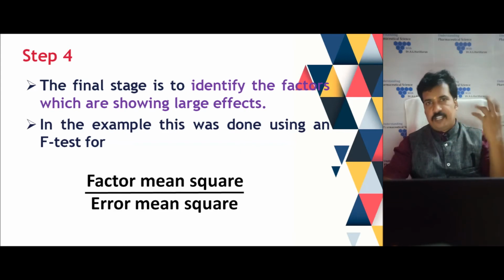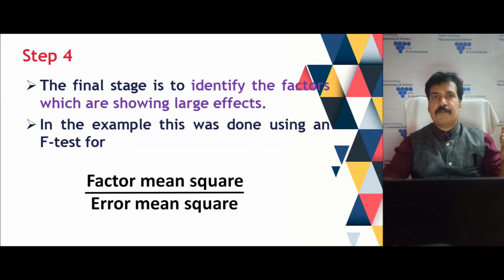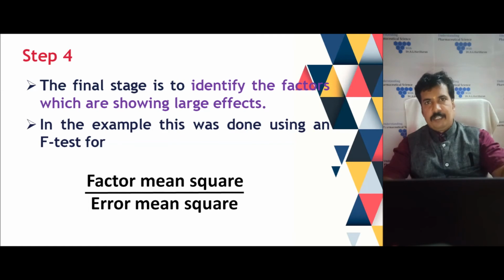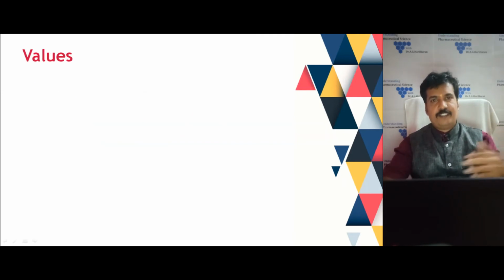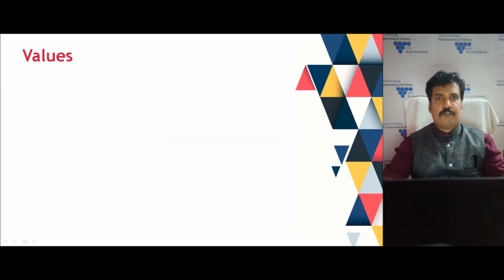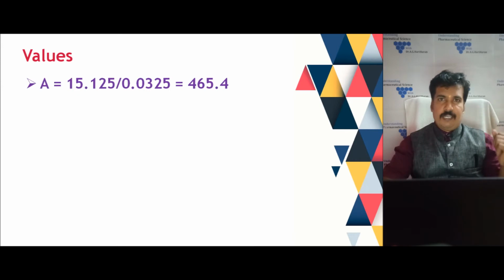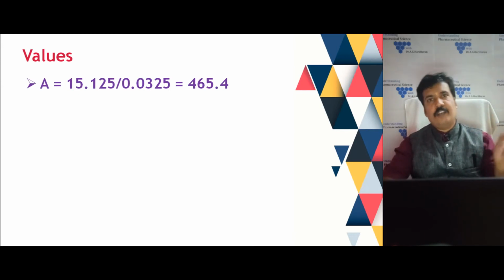The F test can be calculated by a simple formula: factor mean square divided by error mean square. That is for factor A. I have shown it in the table. For variable A, we have the mean square of variable A, that is 15.125, divided by the error factor 0.0325. We got a value.